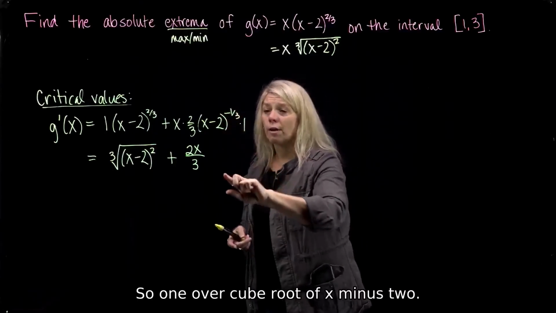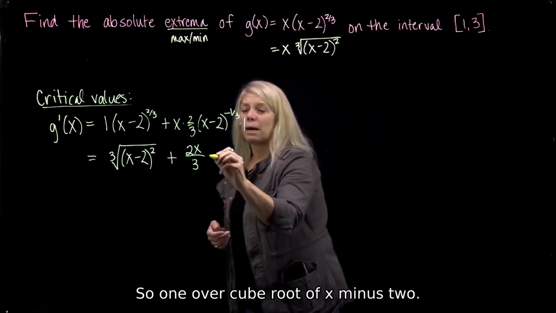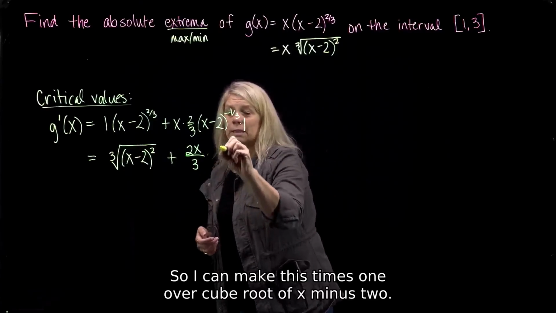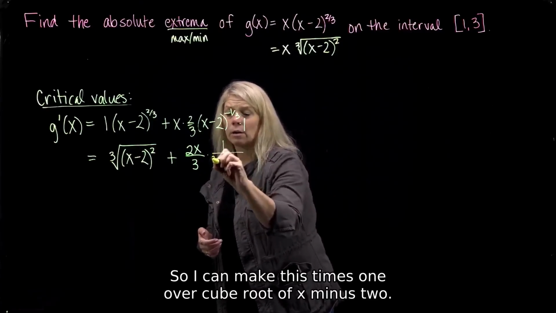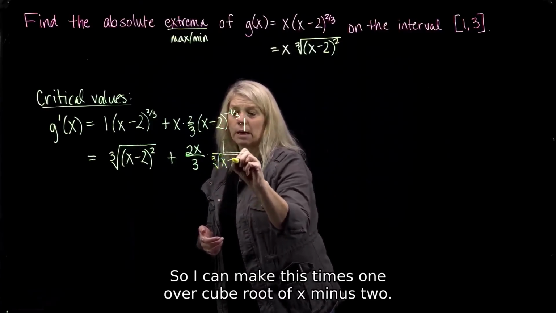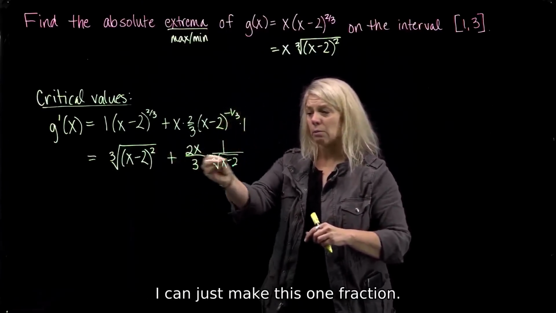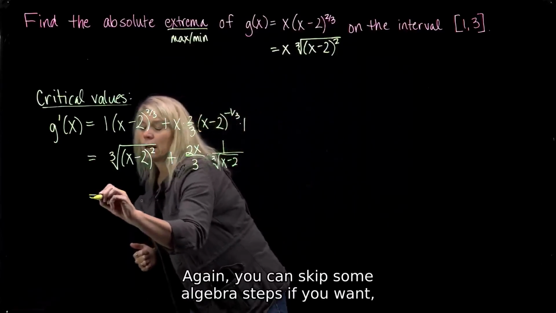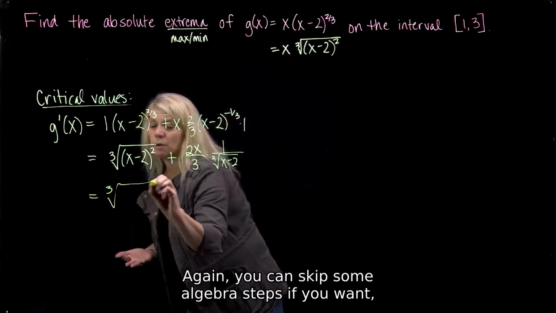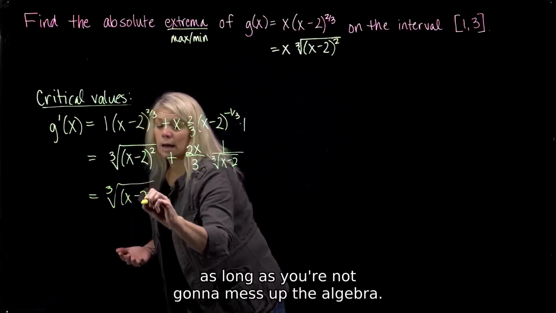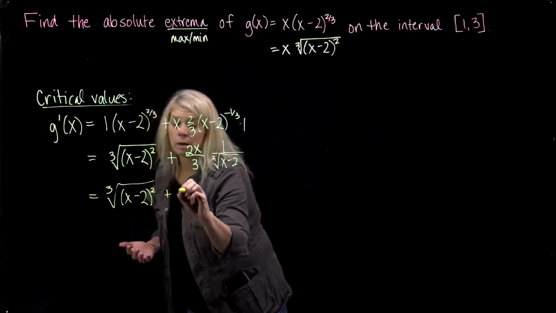So 1 over cube root of x minus 2. So I can make this times 1 over cube root of x minus 2. Or then because I have two fractions that are times each other, I could just make this one fraction. And again, you can skip some algebra steps if you want, as long as you're not going to mess up the algebra.